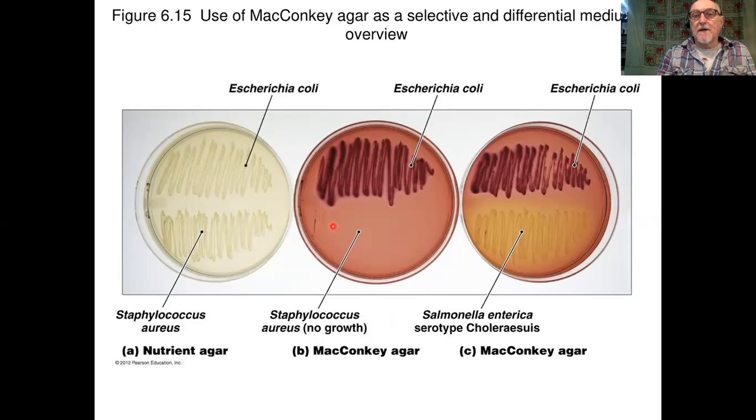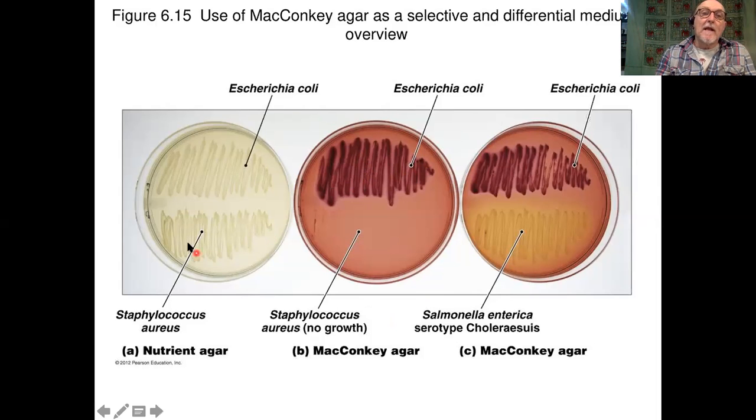MacConkey's has two components to it, which are inhibitory. And these are bile salts and crystal violet. And these inhibit the growth, first of all, of gram-positive bacteria. They stop that gram-positive bacteria from growing. And we're going to see that there's also a differential property to this medium as well.